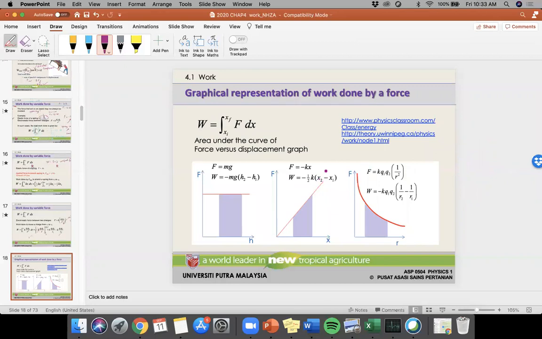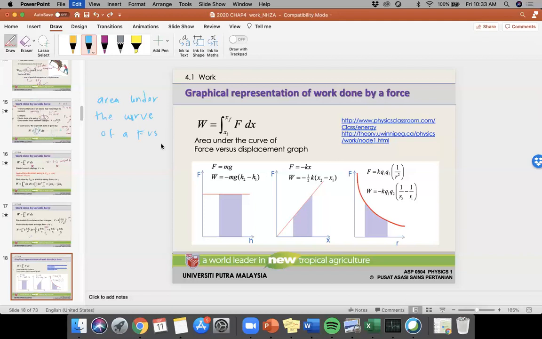Okay, so graphical representation of work done by a force. The important thing to know here is the area under the curve of an F versus H or X graph.